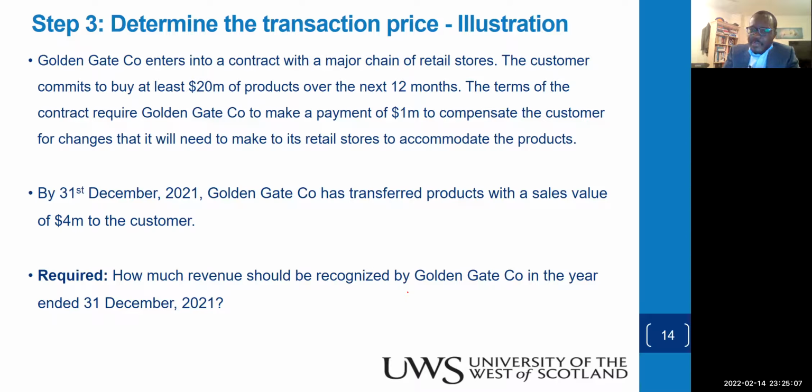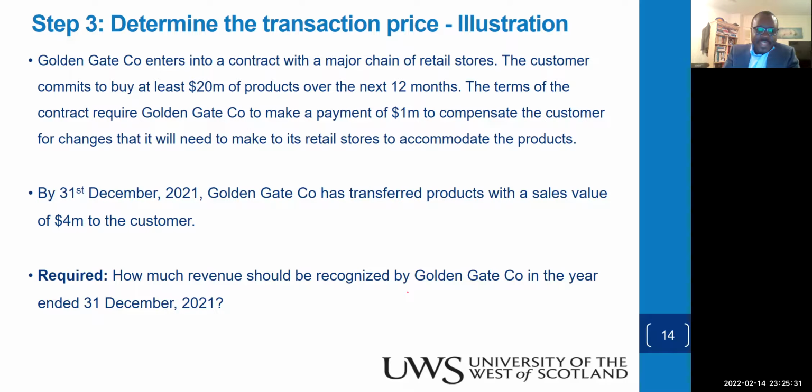So you are going to buy 20 million worth of items, but we said, listen, we want to give you 1 million because once you take these products, you are supposed to adjust your retail stores and modify your warehousing to accommodate them. So we're giving you 1 million, a consideration paid to the customer for a distinct service.